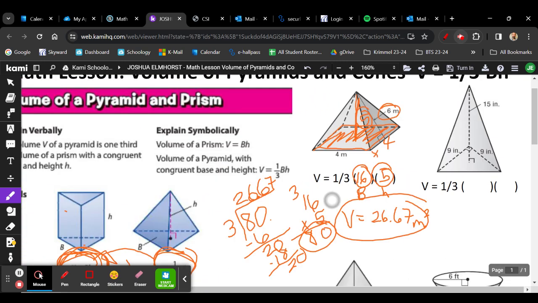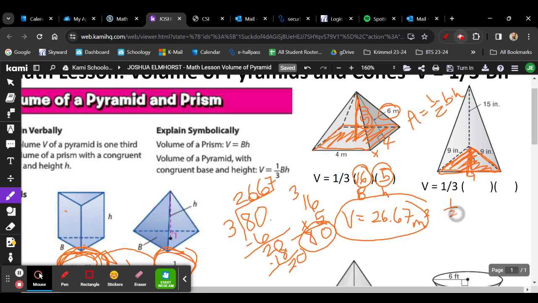So looking at our next pyramid, the base is a triangle. So we're going to use the area of the base for a triangle, which is 1/2 the base times the height. We got 9s going all the way around, and we're going to estimate the height of the triangle to be 8.